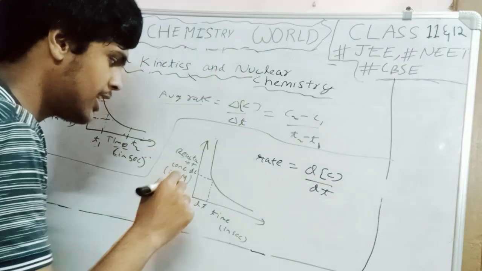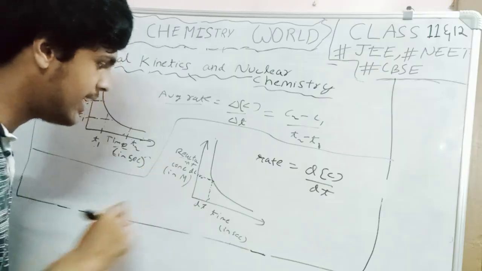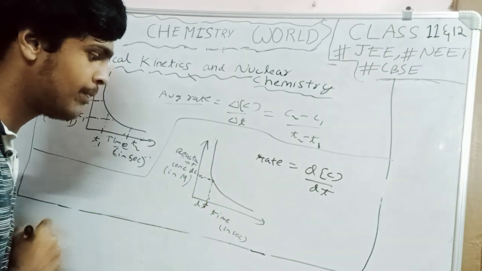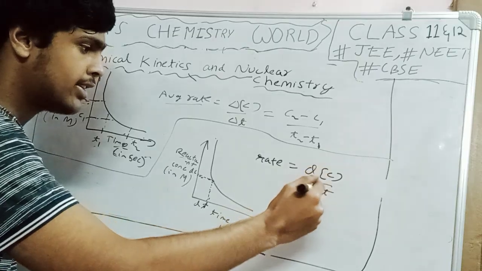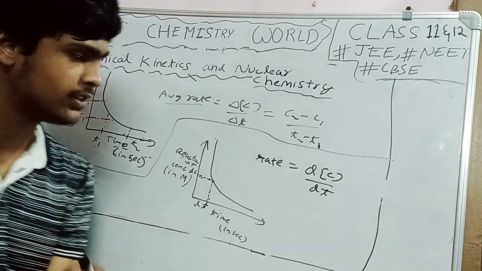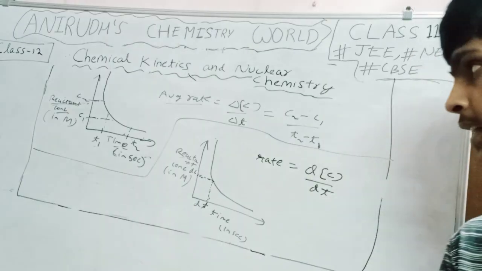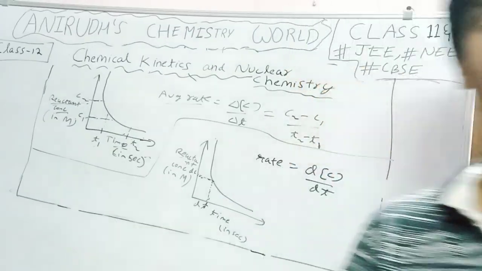At that very small point, you should consider the time as dt and the concentration as dc, then rate is equal to dC by dt. That's it. So this is the graph you need to understand. Okay, after that we'll proceed to the other part.